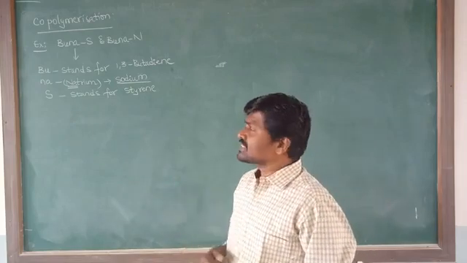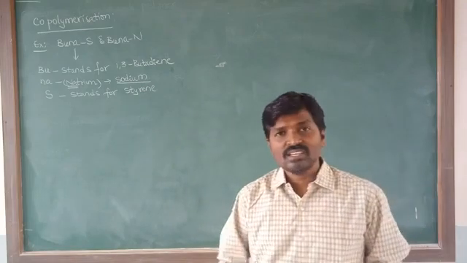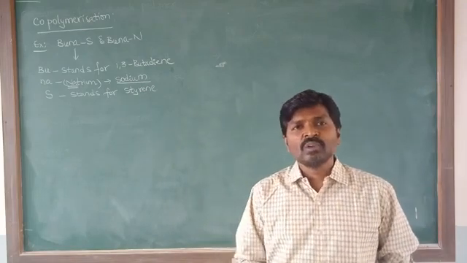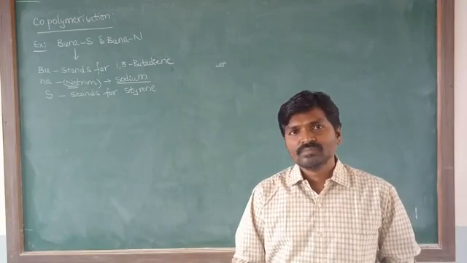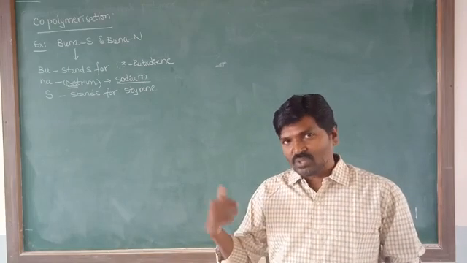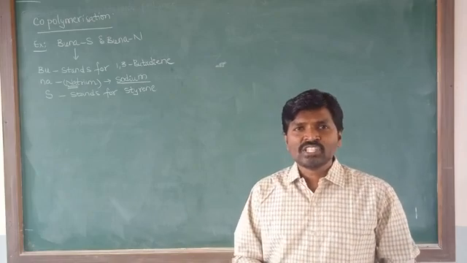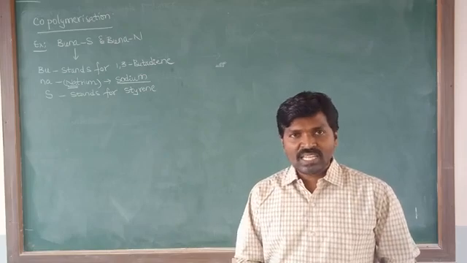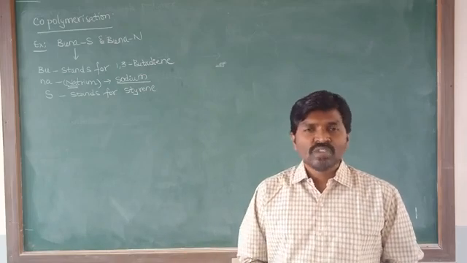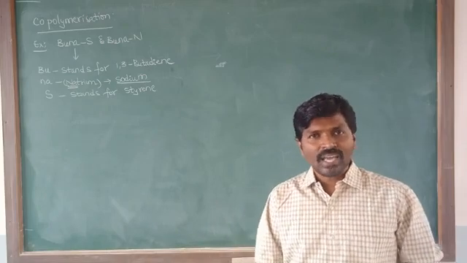Now if you take Buna S and Buna N, my question is whether they are examples for addition polymers or condensation polymers. They are examples for addition polymers. Why? Because in the monomeric units we have taken, we observe the presence of double bonds.